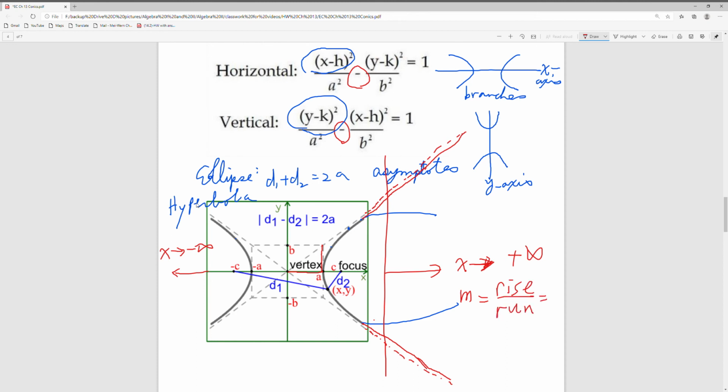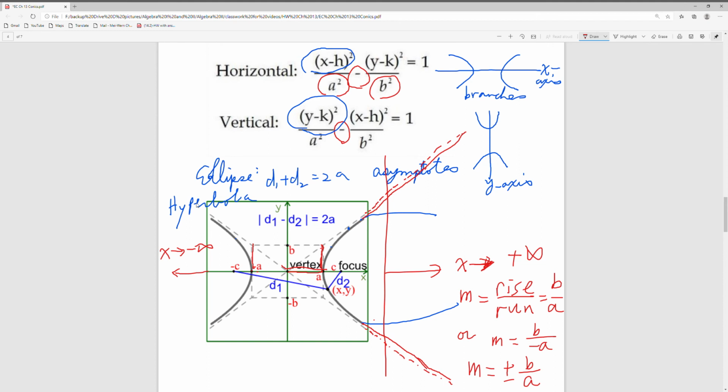So the rise is B and the run is A. And you have two directions. The other direction is B and negative A. So basically the slope will be positive B over A. So this B and A will tell you the slope of the asymptote.